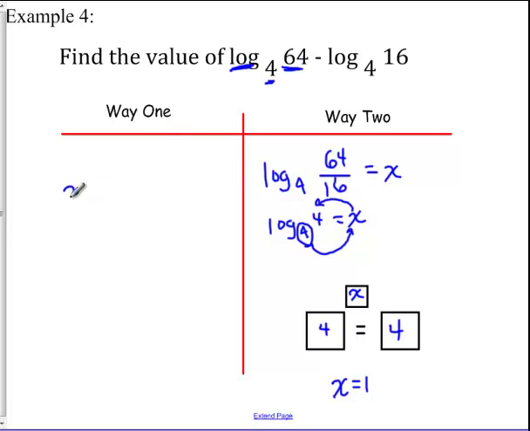Oh, that's easy. 3. Minus, what is the exponent of 4 that gets me 16? 2. 3 minus 2 equals 1. So basically what I do is I see if way 1 works quickly, and then if it doesn't, I go to way 2.